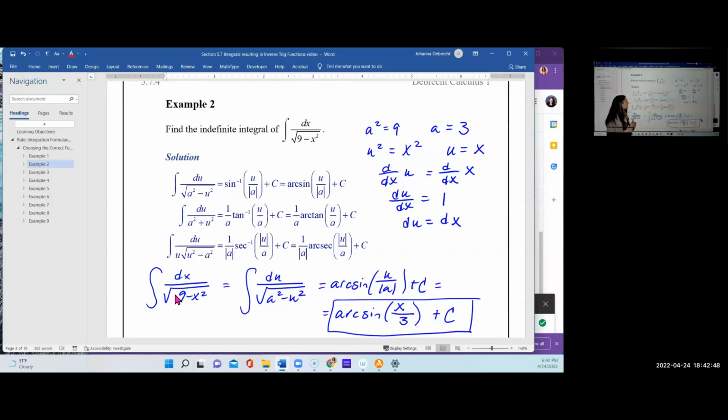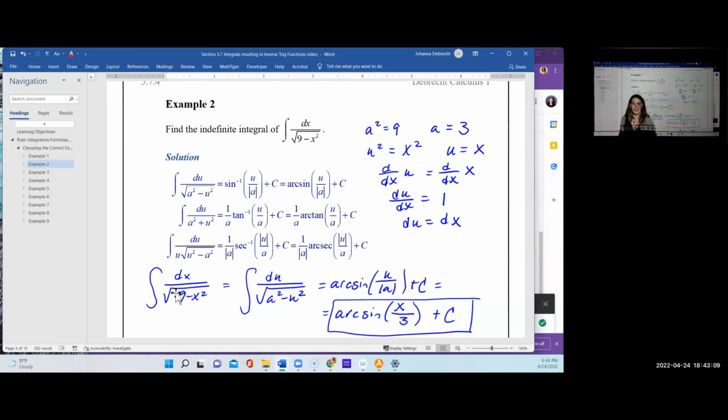This is the antiderivative function for the original function that you see here. If you were to take the derivative of this function, you would come back with the integrand function that you see here. Remember that the derivative of the constant would be 0, so the c would drop off.